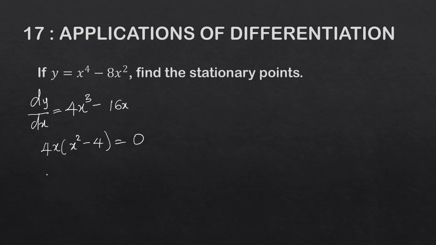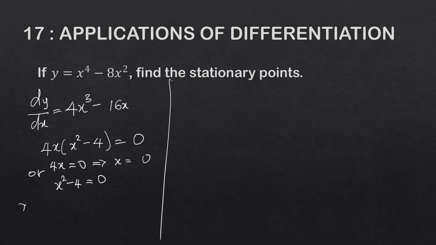So for that reason, I'm going to find the values of x. I'm going to have that 4x is equal to 0. That simply means that x is equal to 0. After that, x squared minus 4 is also going to be 0. This is a difference of two squares. I'm going to have x plus 2, bracket, another bracket, x minus 2, all equal to 0. That means that x is equal to 2 or x is equal to minus 2.